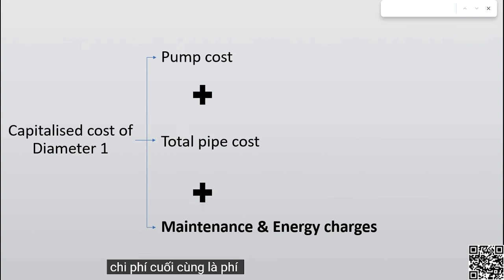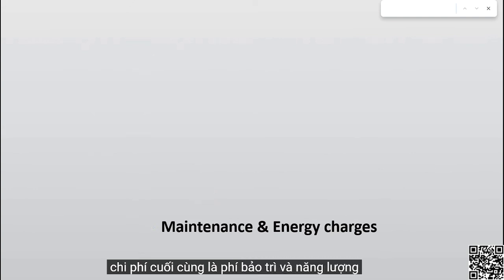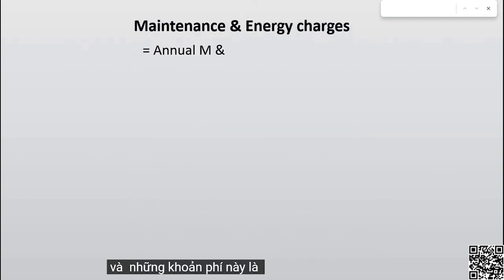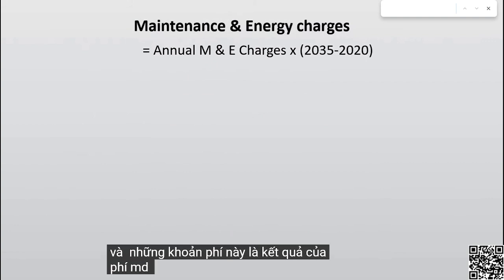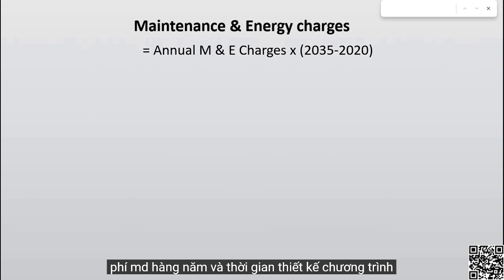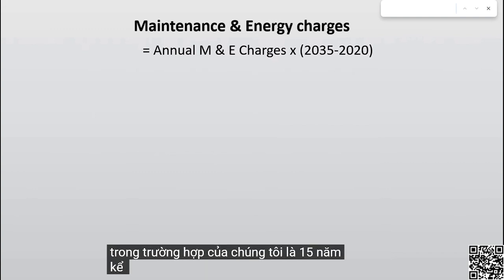The last cost is maintenance and energy charges, and these charges are a product of annual M&E charges and the scheme design period. In our case, it was 15 years, that is from 2020 to 2035.